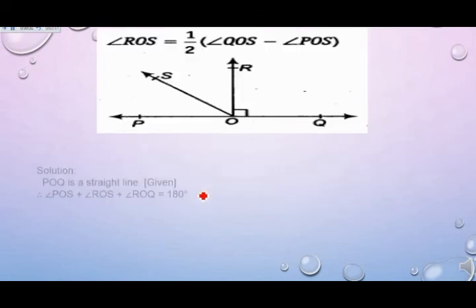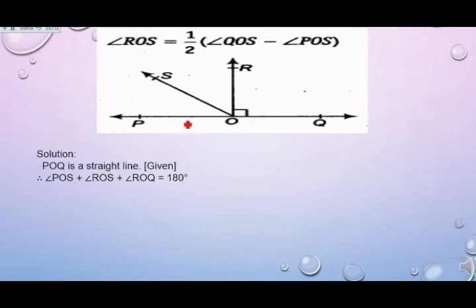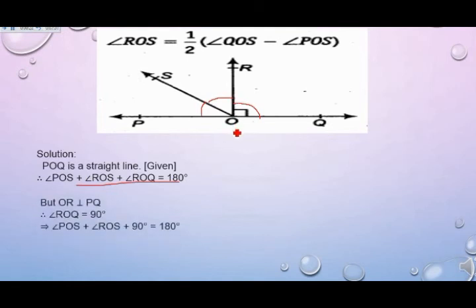And for that, now POQ is a straight line. So angle POS, angle ROS and angle ROQ sum up to 180 degrees. That is the sum of angles on a straight line. It is given that angle ROQ is equal to 90 degrees, as OR is perpendicular to PQ.